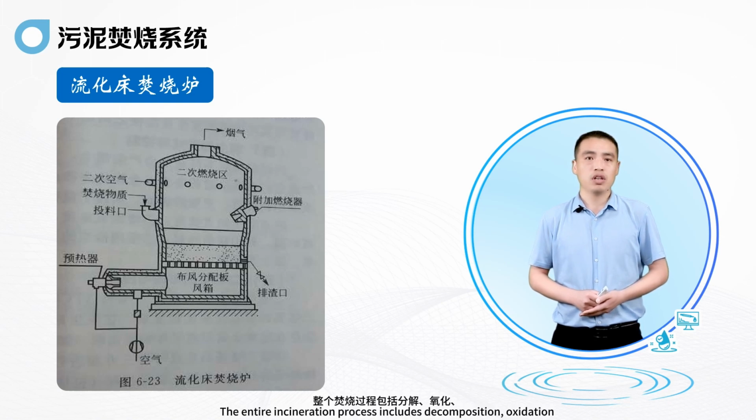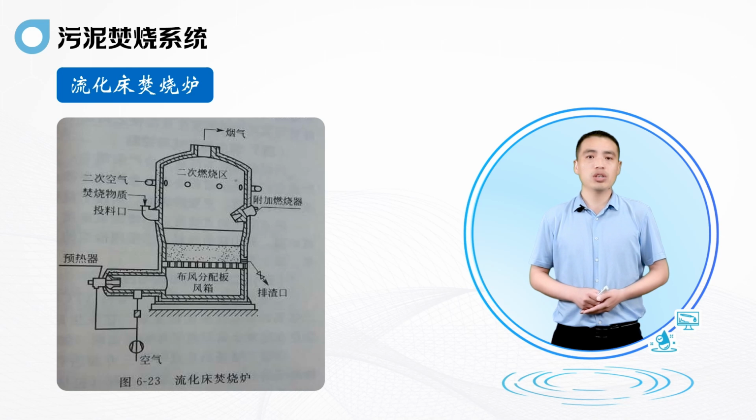The entire incineration process includes decomposition, oxidation, polymerization, and other reactions. The exhaust gas generated by combustion also contains suspended unburned or partially burned waste ash and some small amounts of particulate matter.